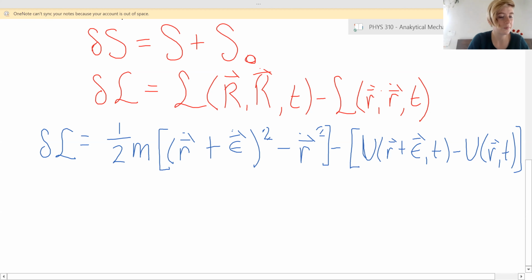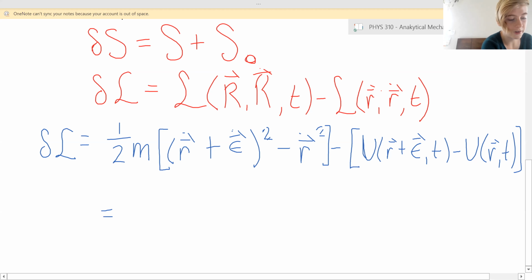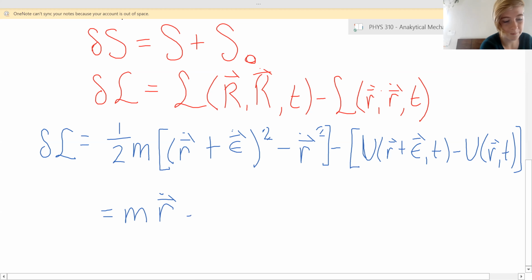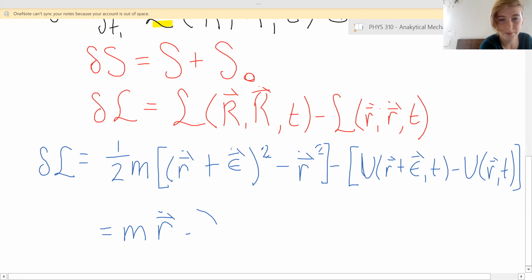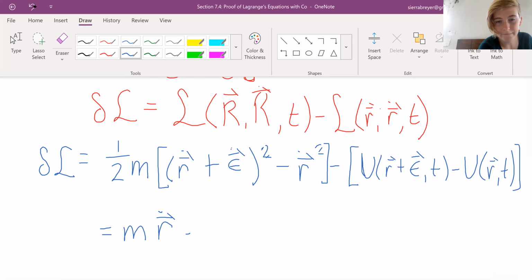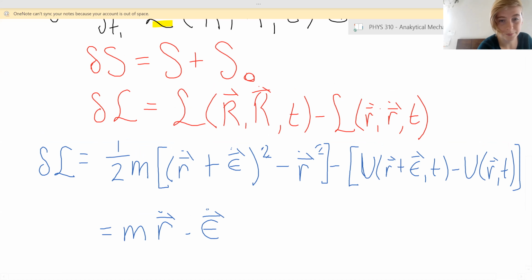All right. So from there, we're just going to simplify it, and we get m times r dot plus the dot product of this arbitrary function and its derivative in time.